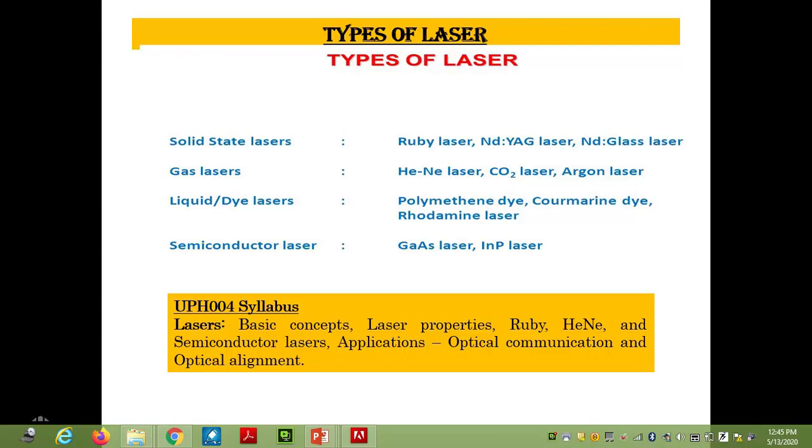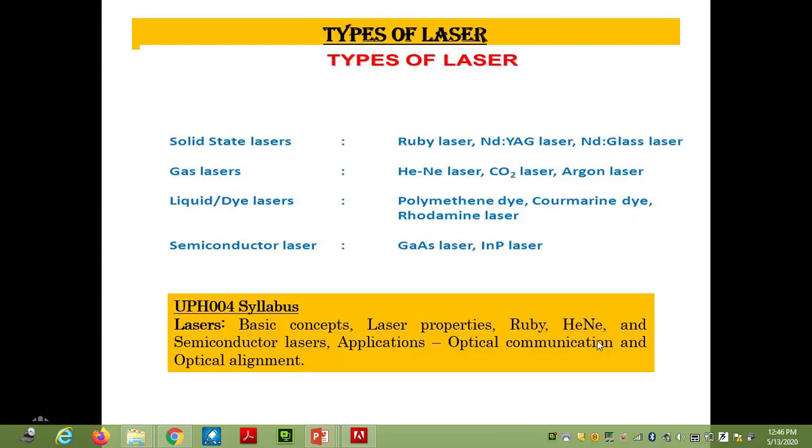by Einstein in 1970. So here you can see in this particular slide, in our syllabus UPH 004, we have to talk about the basic concept behind the laser, then the laser properties, then there are three lasers that we need to discuss. One is the ruby laser, which is a solid state laser.